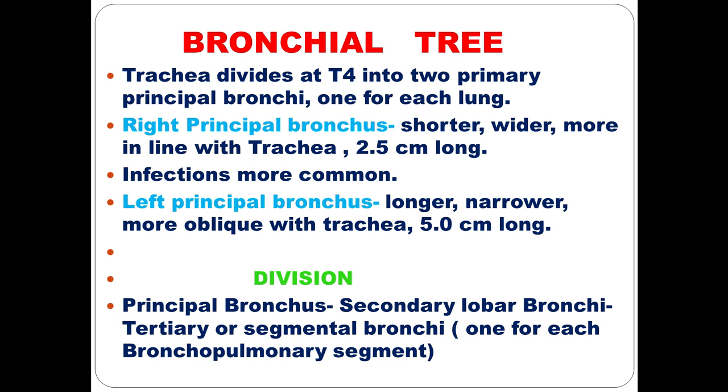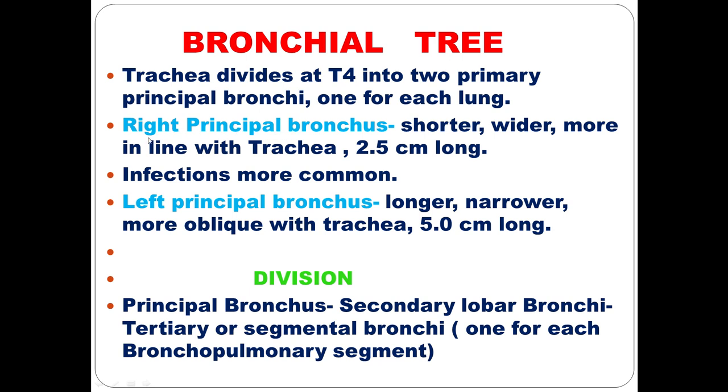You know the trachea? The trachea divides at the level of T4, that is the fourth thoracic vertebra, into two primary or principal bronchi, right and left. That is one for each lung.